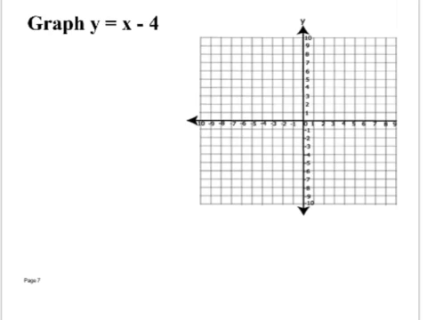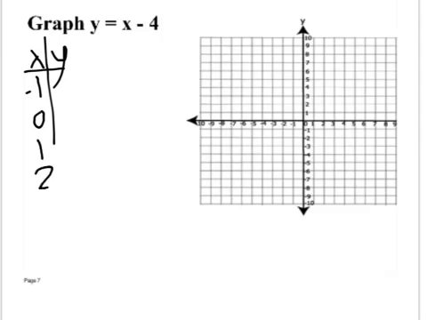Okay, so let's do this. Y equals x minus 4. Now again, we can do it two ways. Do a table with x and y. I'm going to do it both ways, just to show you how it works. So, negative 1 for x, negative 1 minus 4 is negative 5, right?